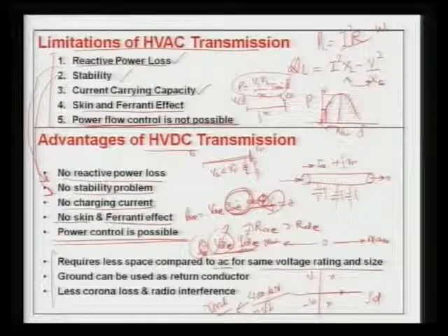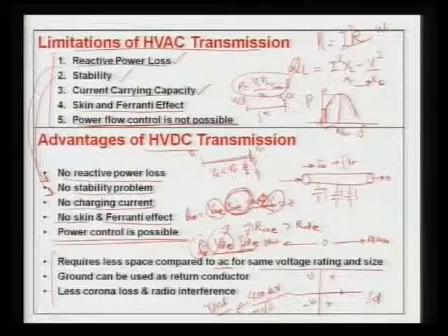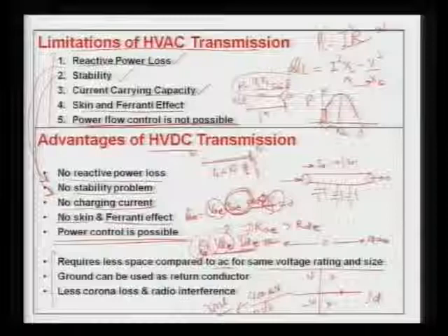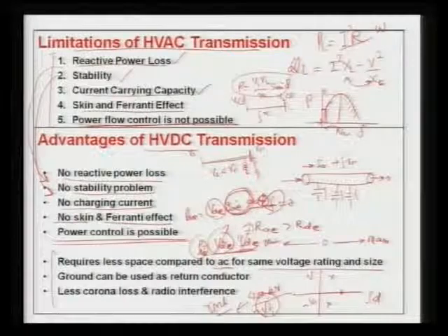So you require less space, for example for the insulators, the cross arms, and the clearances in the substations. We require less space in DC due to this factor as well, because for the AC system we always have to consider the peak voltages.